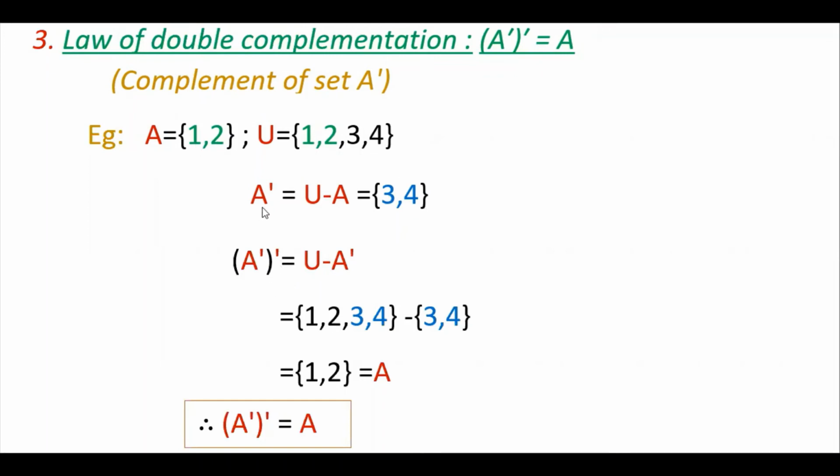And if you complement this complement of set A again, the double complementation is U minus the complement of set A. U, the universal set 1, 2, 3, 4, minus this set 3, 4. If you take out these elements 3, 4, those elements are 1, 2. That is equal to A. 1, 2 are the elements of set A. Therefore, the complement of the complement of any set is equal to the set itself.